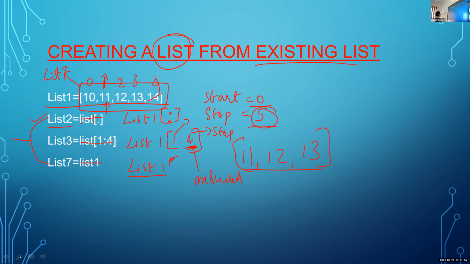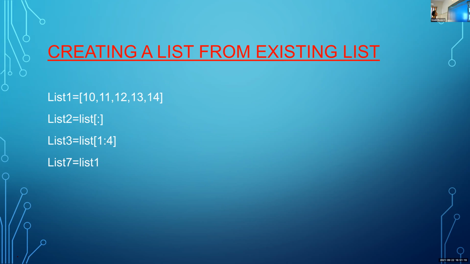Okay, so here list 1 is the existing list. From this existing list, we can create a new list in different ways. The first way is to copy the entire content into a new list. For that, I'm using list 1 colon. This is for copying all the content with a new name, list 2.